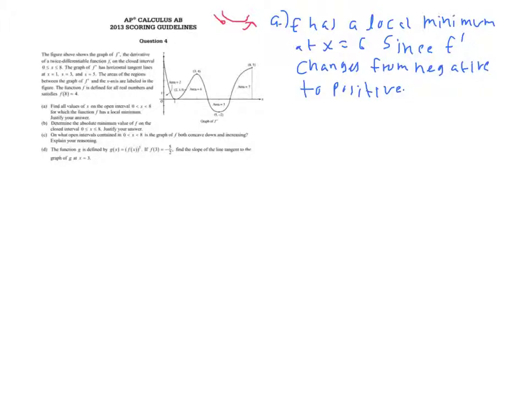Determine the absolute minimum. Whenever you want to have an absolute minimum, you need to check not only the local minimums, but also the endpoints. So our endpoints are going to be 0 and 8, and then we have this local minimum at 6.